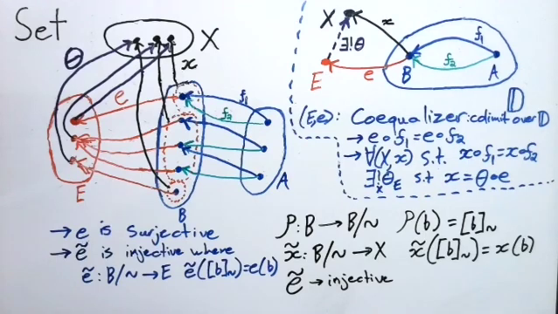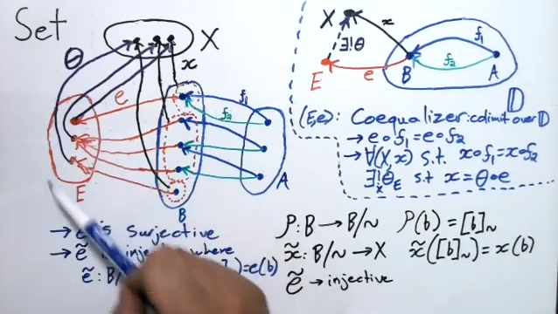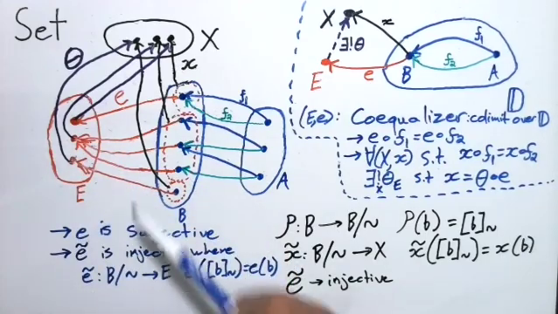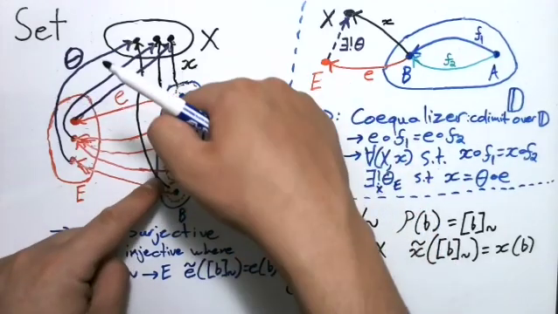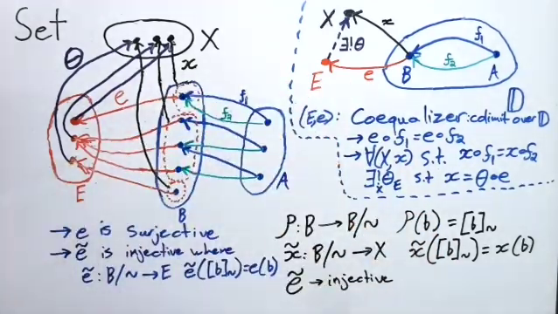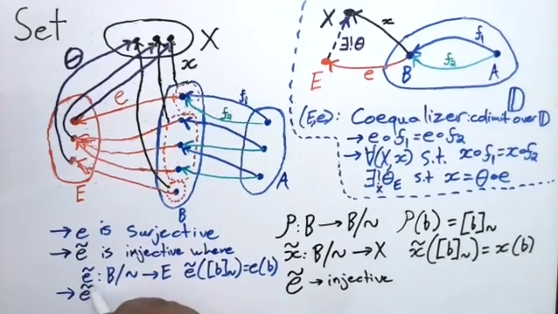But there's actually something else we can say about E tilde, which is that E is surjective and the range of E tilde is going to be the exact same as the range of E, right? Because you can think of it as just collapsing all these into one arrow. It doesn't change what gets pointed at in the codomain E. So anytime E is surjective, E tilde must also be surjective.